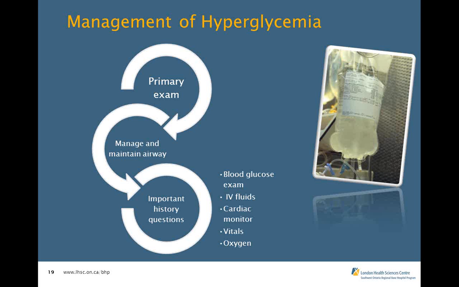If they're hypovolemic, then fluid is indicated. But generally, we try and replace fluid slowly. This condition didn't develop in a couple of hours. It usually develops over a series of days, and we try and correct the condition slowly.